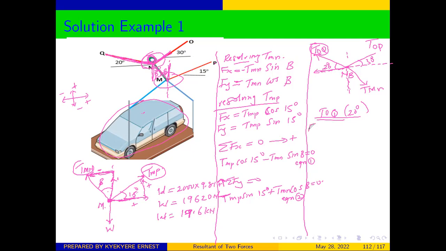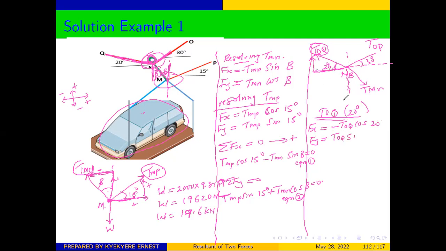And so our x component is going to be negative TOK, and you can see that it is adjacent to our angle. Therefore, we are going to get cos 20. And then for our y component, you can also see that we'll be moving upwards, and moving up is positive on y. Therefore, our y component will be equal to TOK sine.